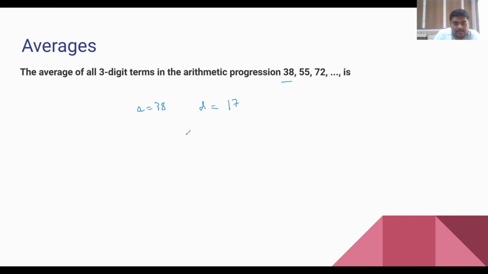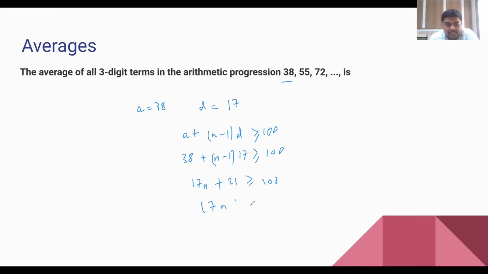So A plus (n minus 1) into D is greater than or equal to 100, so 38 plus (n minus 1) into 17 is greater than or equal to 100. This means 17n plus 38 minus 17, 21, is greater than or equal to 100.